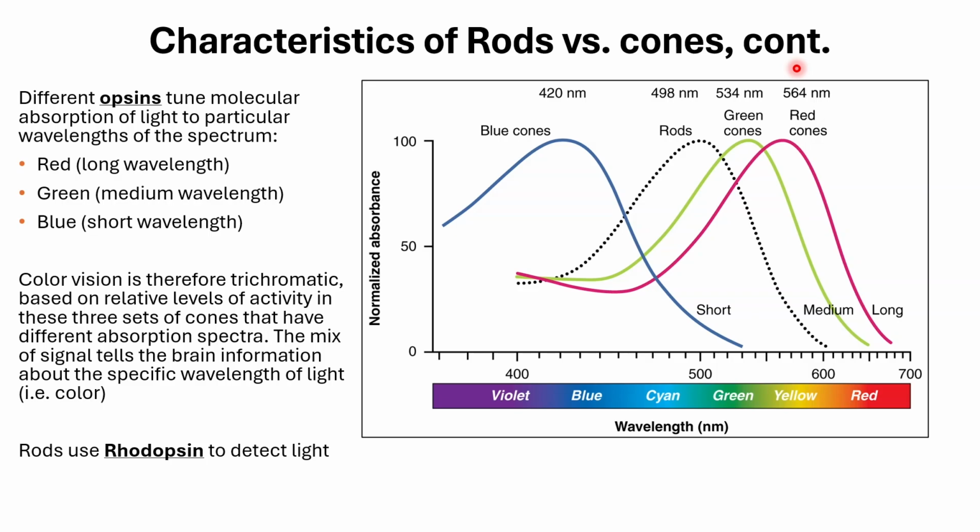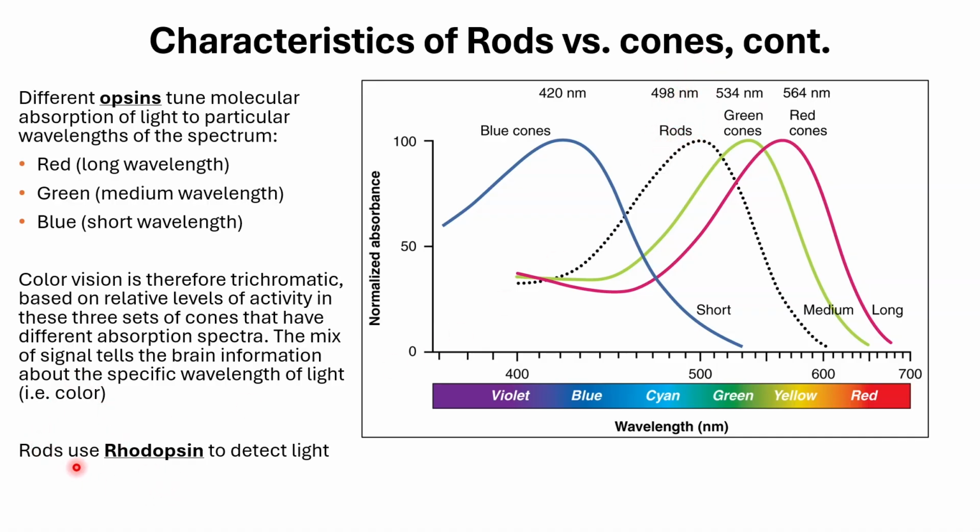Okay, and so it's the combination of those things, which I can't get into at all, unfortunately, to talk about how we encode color vision because it's just too much to cover. But it is that combination of information that the nervous system takes advantage of in order for us to understand color. Rods also have a wavelength that they're most sensitive to, which is 498 nanometers.